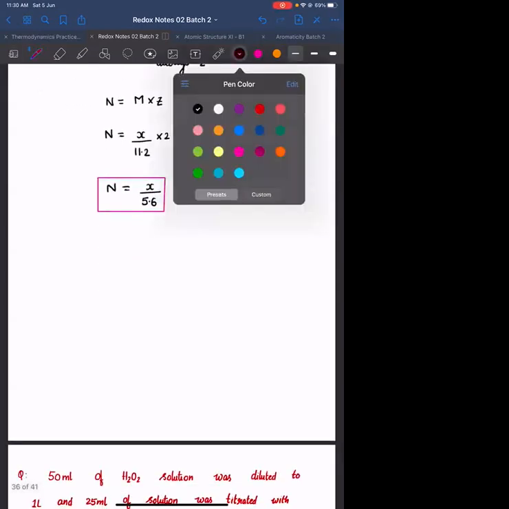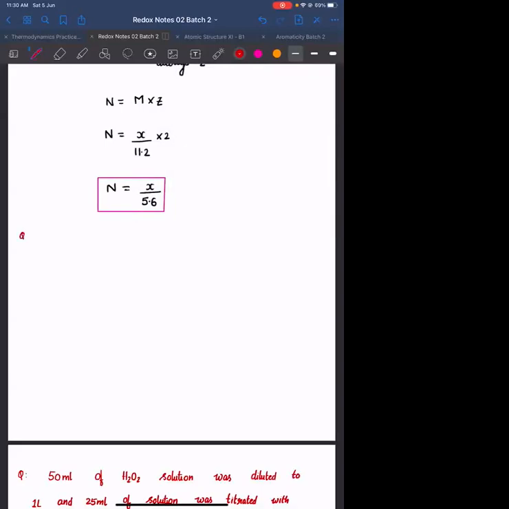Tell me, यहाँ पे क्वेश्चन जैसे दे रहा हूँ आपको. Strength of X volume H2O2 solution in gram per liter. Tell me what is the value of it. You need to convert X volume H2O2 in terms of gram per liter.